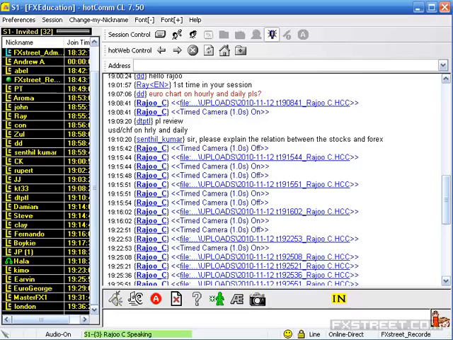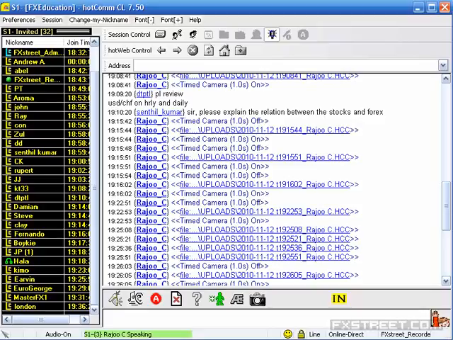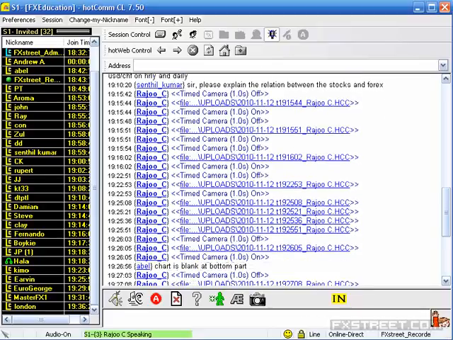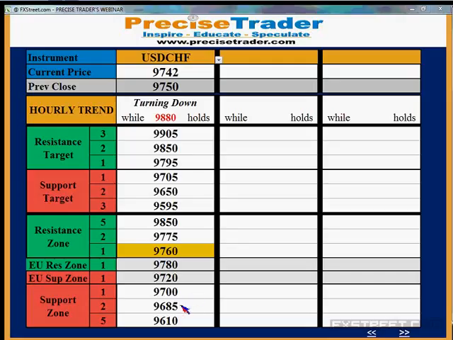If you are going to be a buyer, of course, I would want to go long near the 97 figure or 96.85. Remember, these are the levels I set. And if I'm going to go for a short or sell, I would want to sell near 97.60 or 97.75. That is the least risk, right?